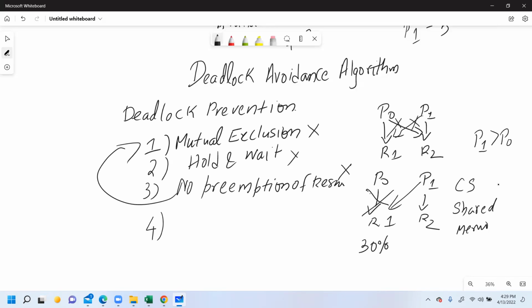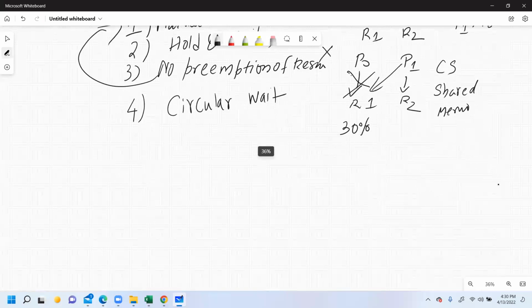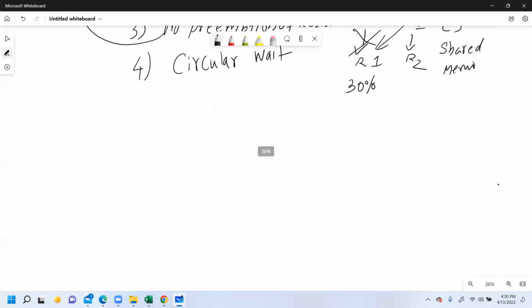The fourth condition for deadlock to happen. Where is my note? Hold on. Circular wait. See, this is again an example of a circular wait, but circular wait is not necessarily with two processes.